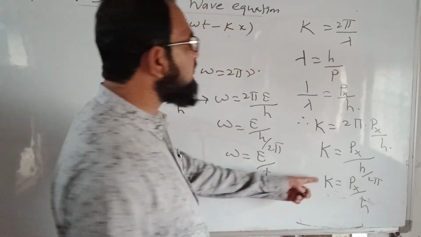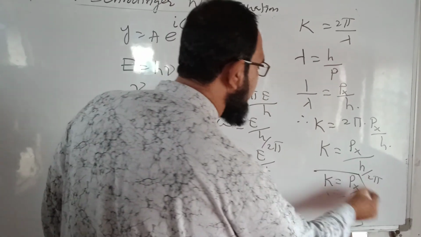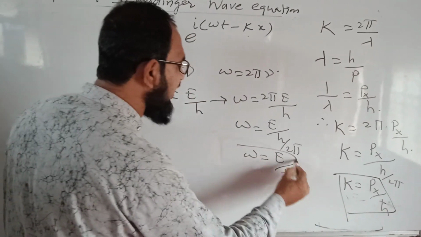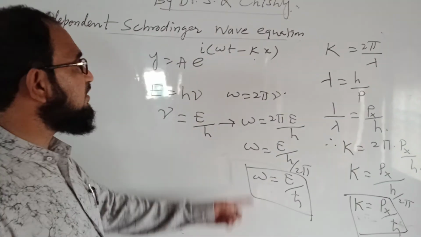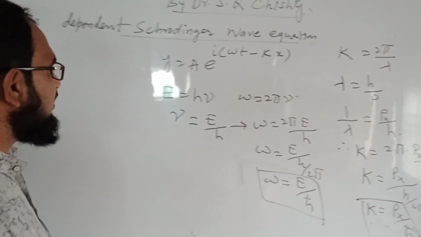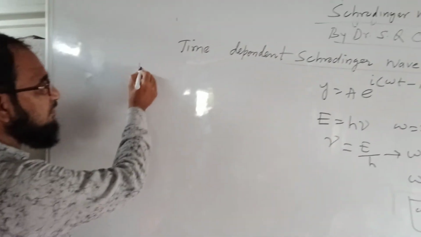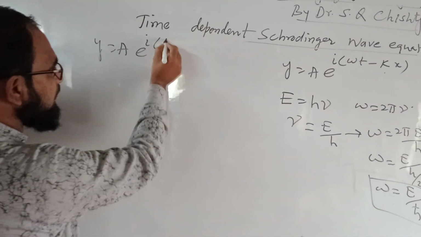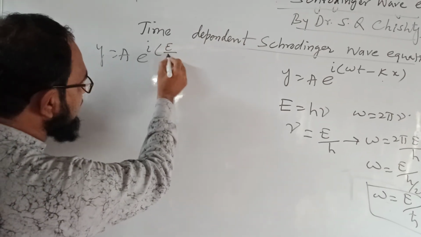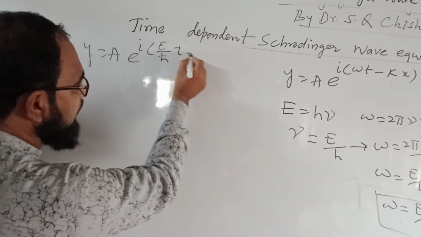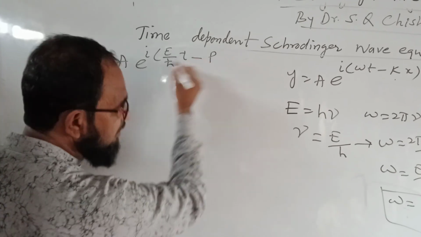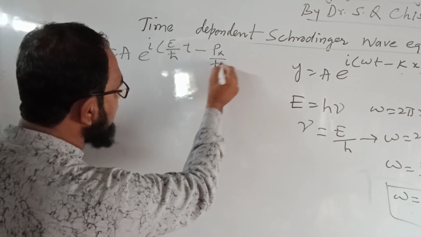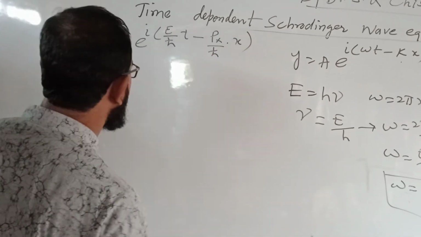Now substitute these values of k as px upon h cross and omega as E upon h cross here in this wave equation. It will become y is equal to a e raised to power i into E by h cross t minus px upon h cross into x.